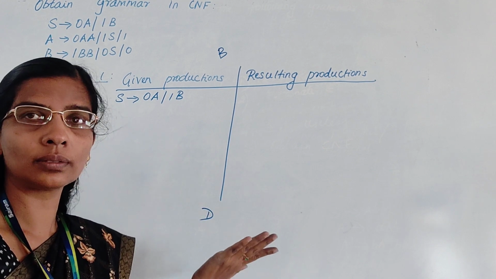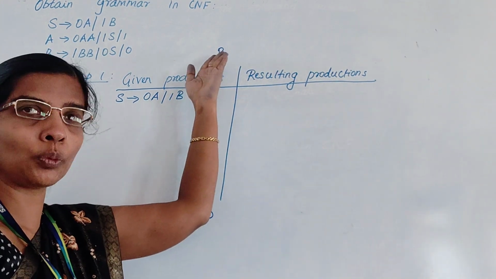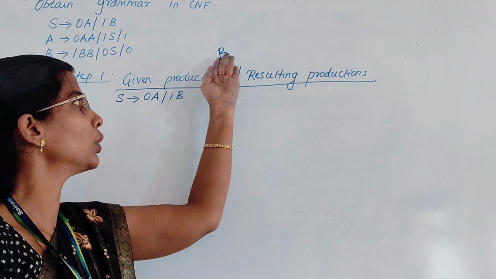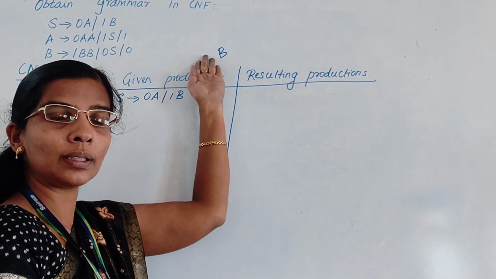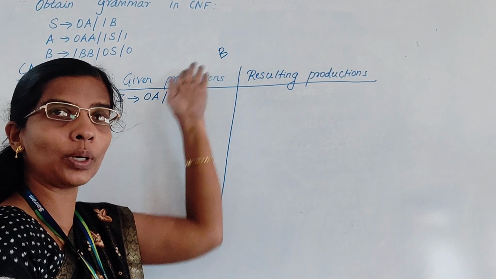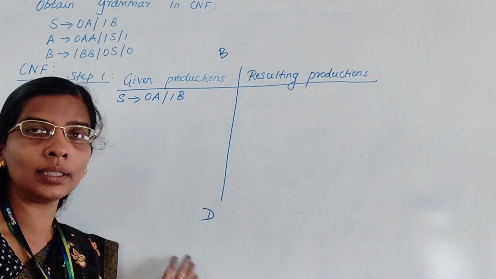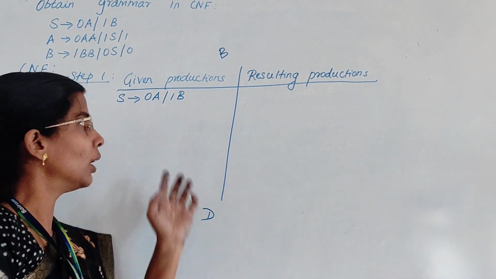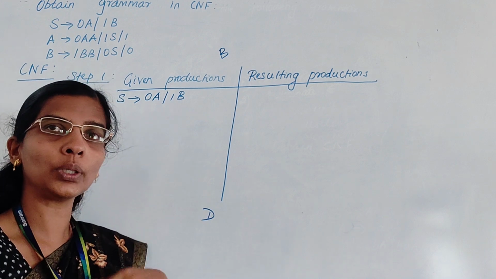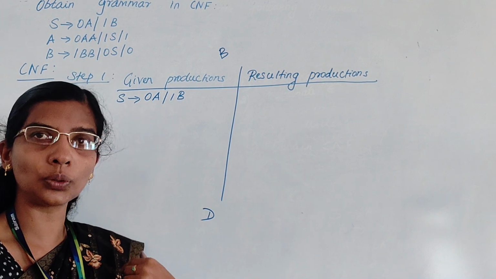Any capital letter. But if you want to follow your book, you can use capital B in step 1 and capital D in step 2. Right? So what is step 1? Step 1 is the conversion part. Step 2 is the grouping part.